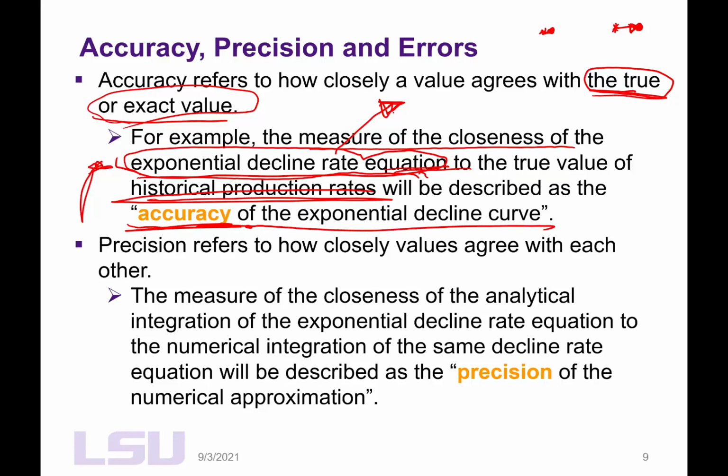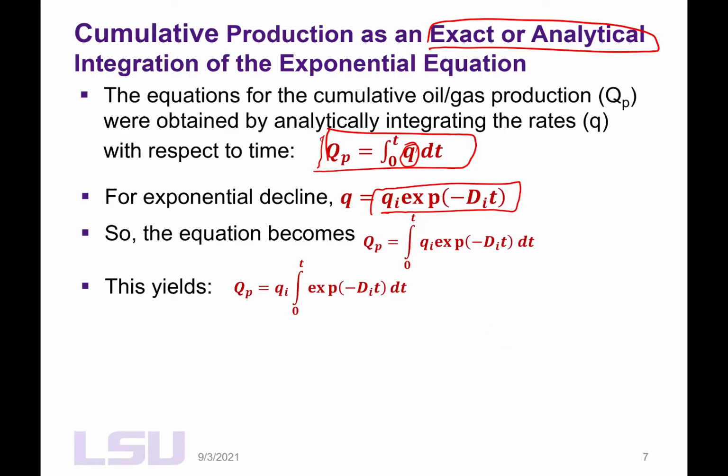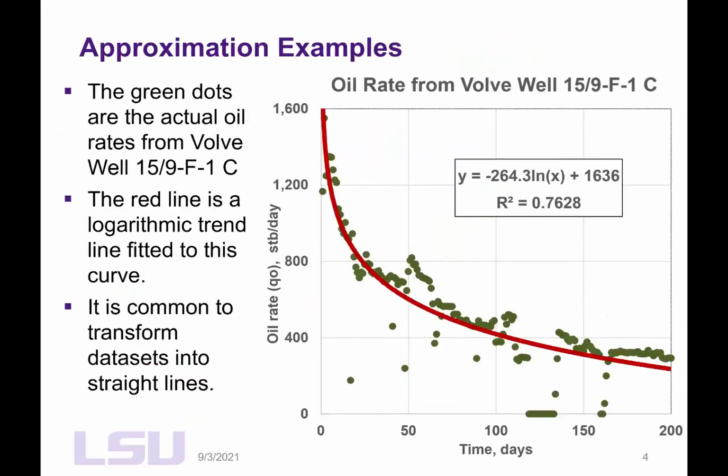So if we go back all the way here, this is an exponential model, right? Actually, it was a logarithmic trend line. This is not your decline curve model. This is your logarithmic trend line, right?